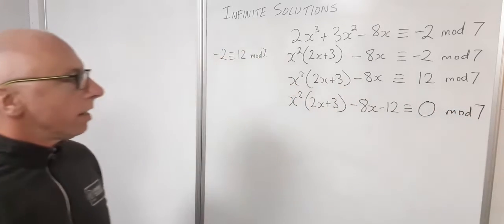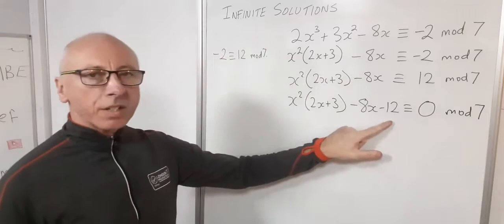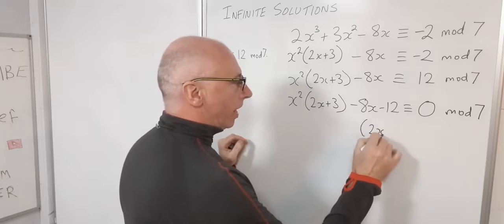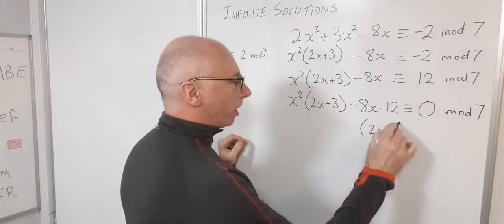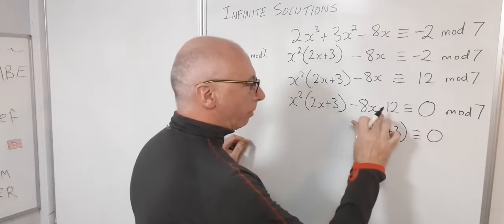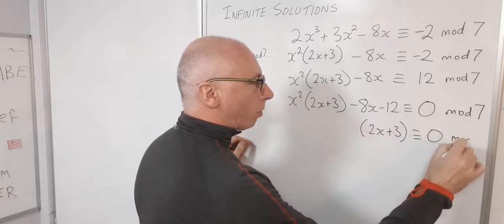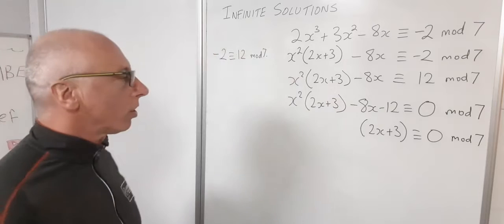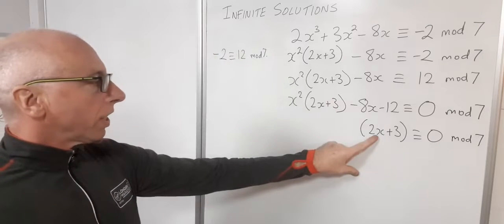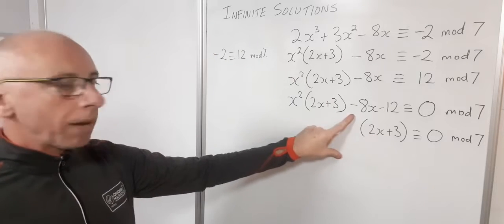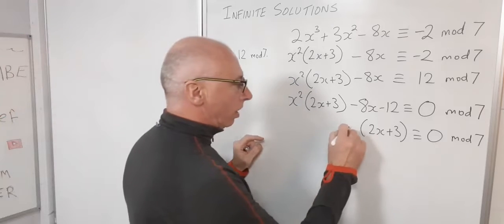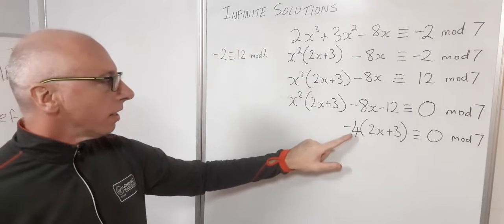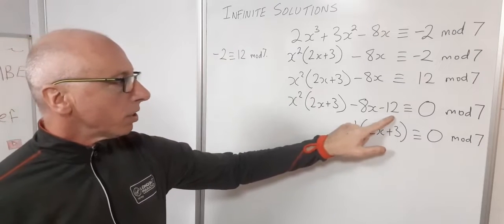Okay, so now my factor pair, now I can take out a 2x plus 3 from here. So let's try that. 2x plus 3. If I get this bit here sorted, then we're well on the way to try and find our infinite solutions to this cubic polynomial. Well, to get 2x plus 3, if I take out the minus 4, that's going to work. Minus 4 times 2x is minus 8x. Minus 4 times plus 3 is minus 12.